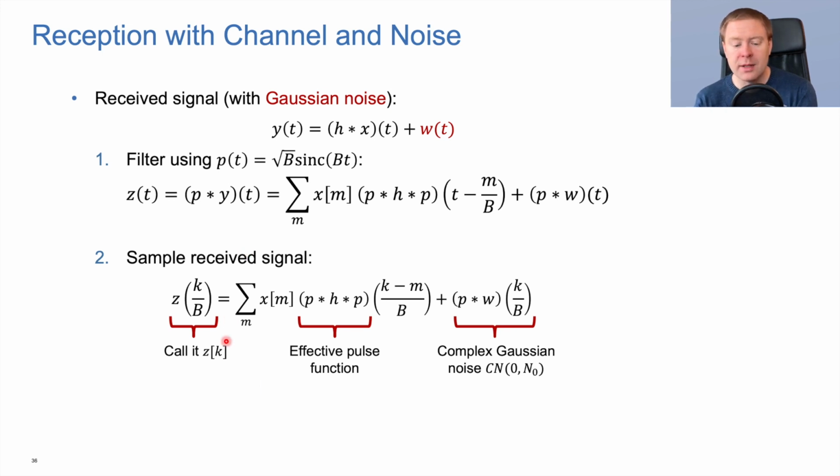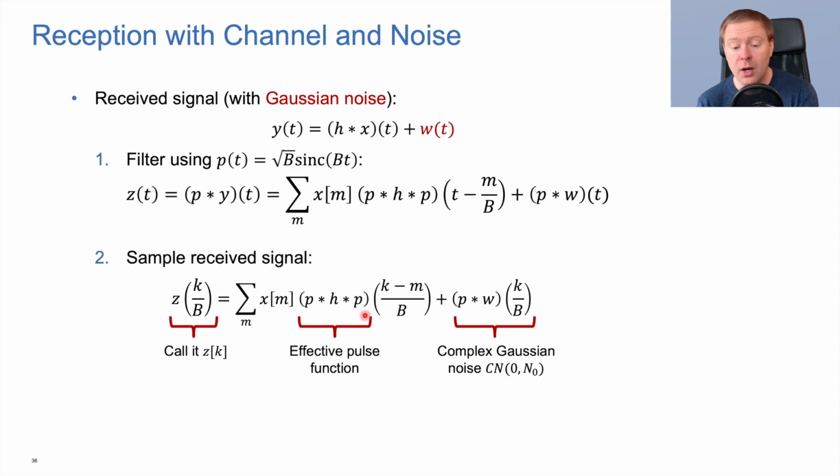And this looks like a pulse amplitude modulated signal, but the pulse is not p. The effective pulse is p convolved with the channel's impulse response convolved with p again. And here we have the filtered noise, and one can show that this will be complex Gaussian if w was a Gaussian process from the beginning, and have a variance that we would call N0.